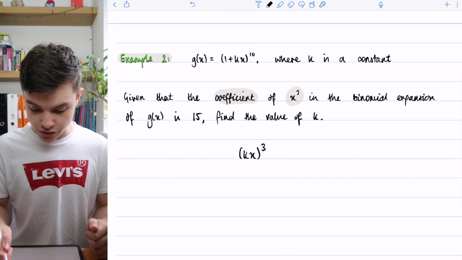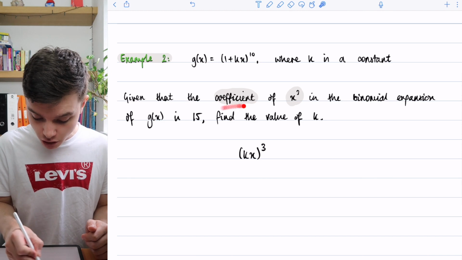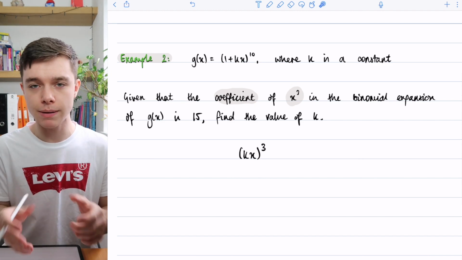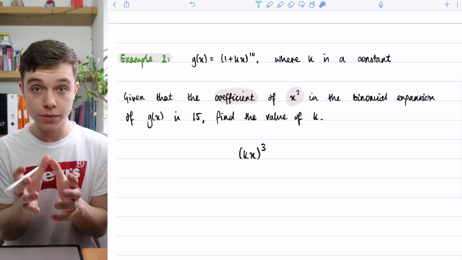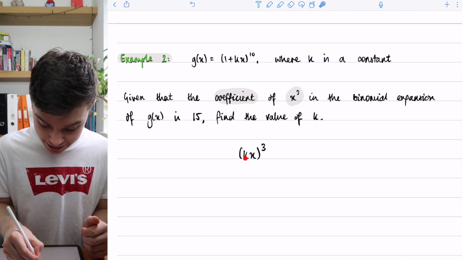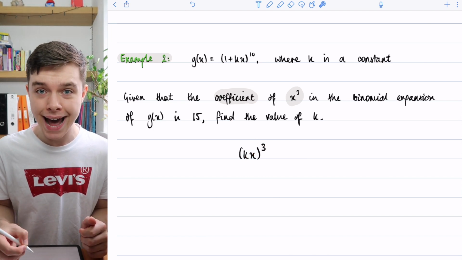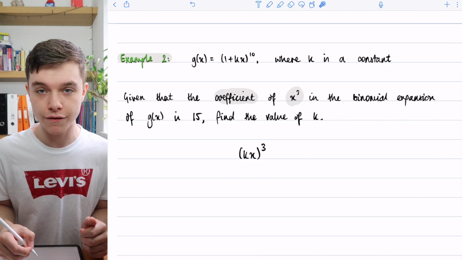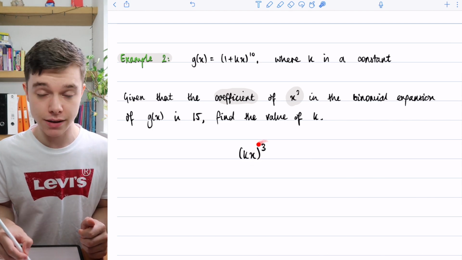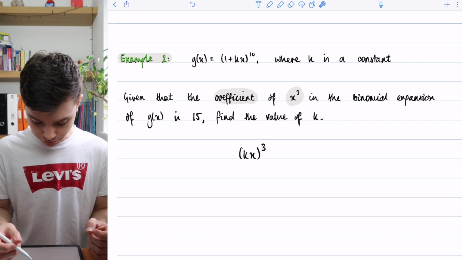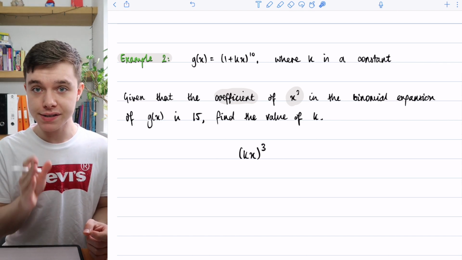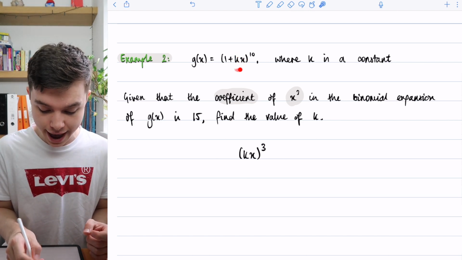The reason for that, I'll just say it again, is because I need the coefficient of the x cubed term. So I'm trying to form the x cubed term here. This will give me a k to the 3 multiplied by an x to the 3 when we do the distribution of the power. And then that's going to give me the coefficient of the x cubed term. So that's the power of the second term in the bracket, this kx.